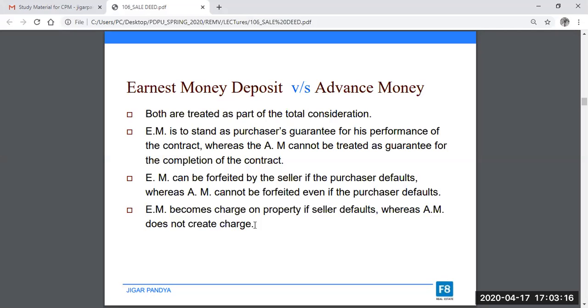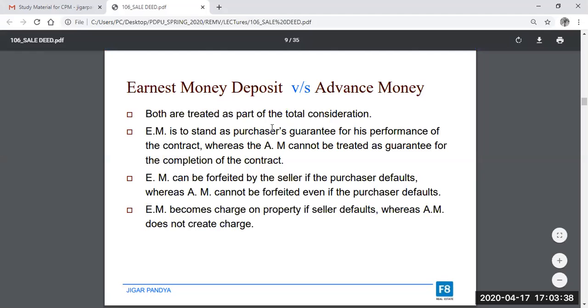He cannot go into a court of law and say, look, this person cannot sell his property to anyone else until my case is resolved, because the money paid was advance. However, if it's paid as earnest money deposit, then it does create a charge. So you can see that an earnest money deposit is a better option as an initial transaction money as compared to advance.